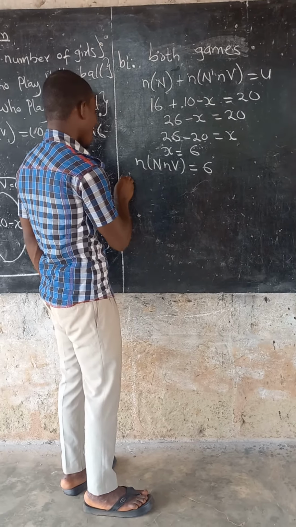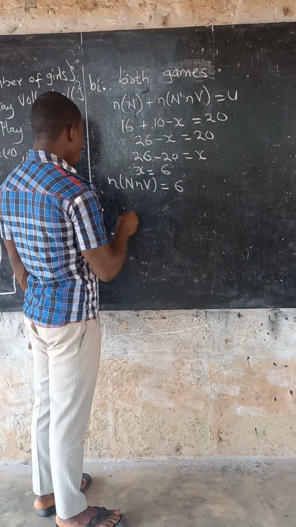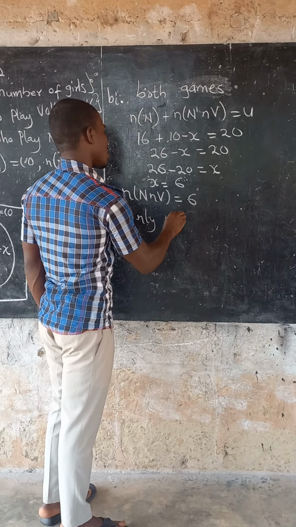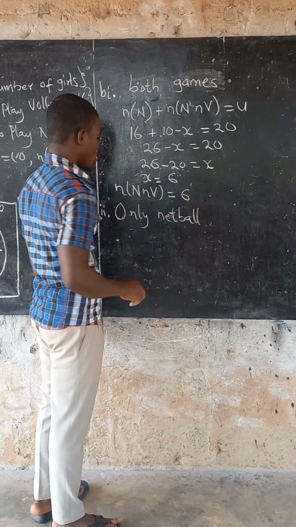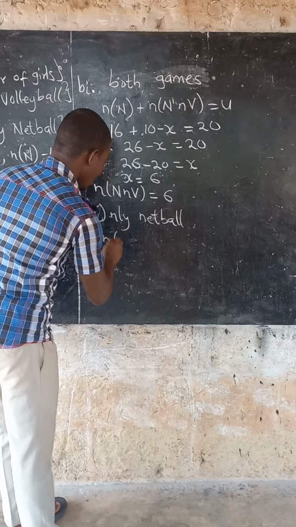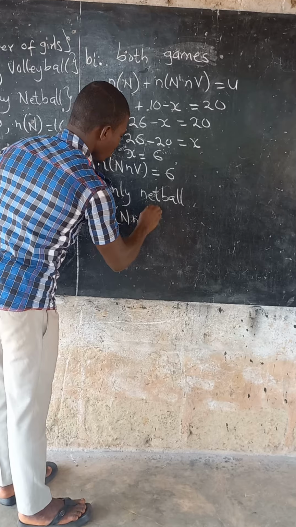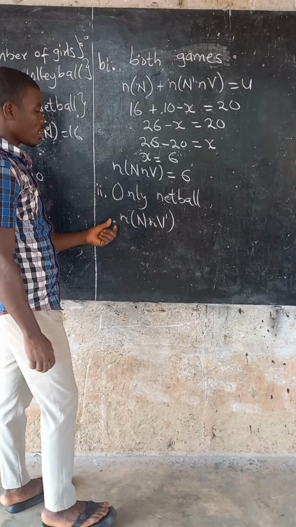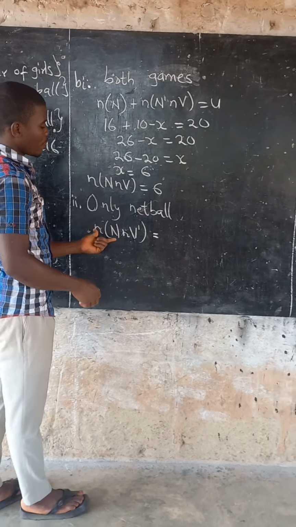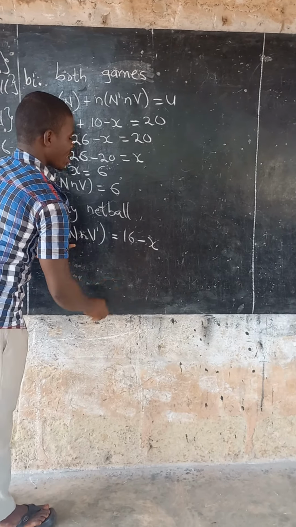Now let's look at II. II is saying only netball. So for only netball, we have the number of N intersection V complement. This is equal to N, which is 16, minus x.